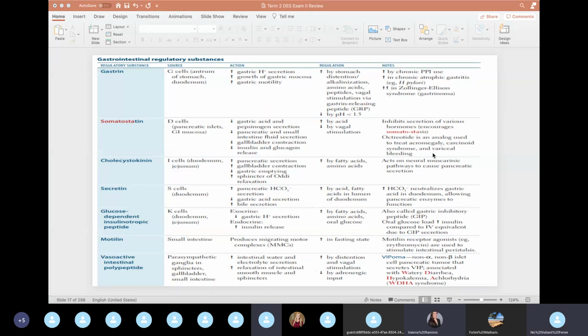So for the secretion of acid in the stomach, first you need to have gastrin, right? The parietal cells are the ones that are going to secrete the H+ via gastrin. So what's the other pathway?